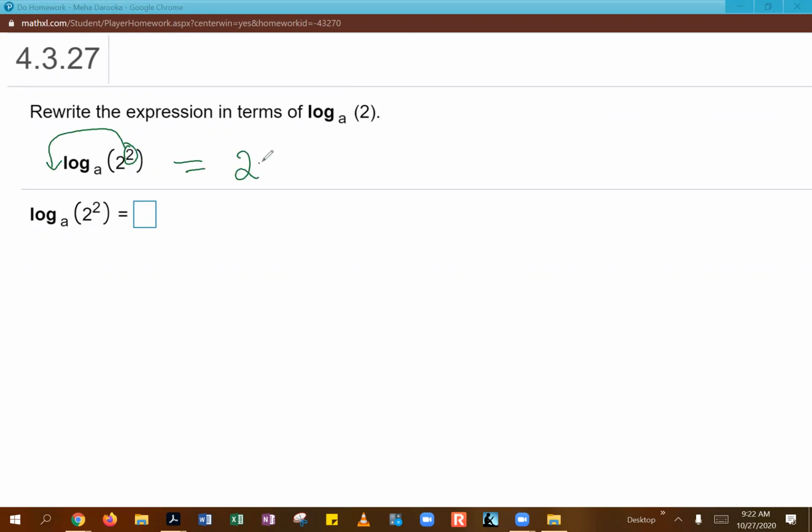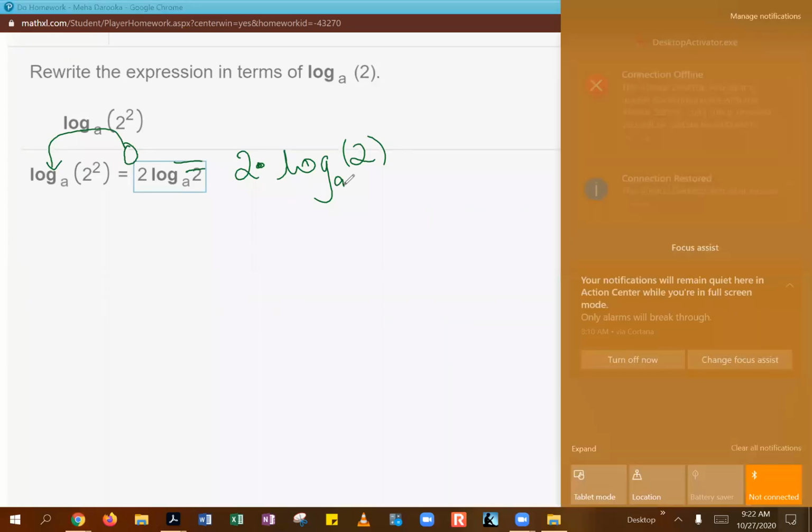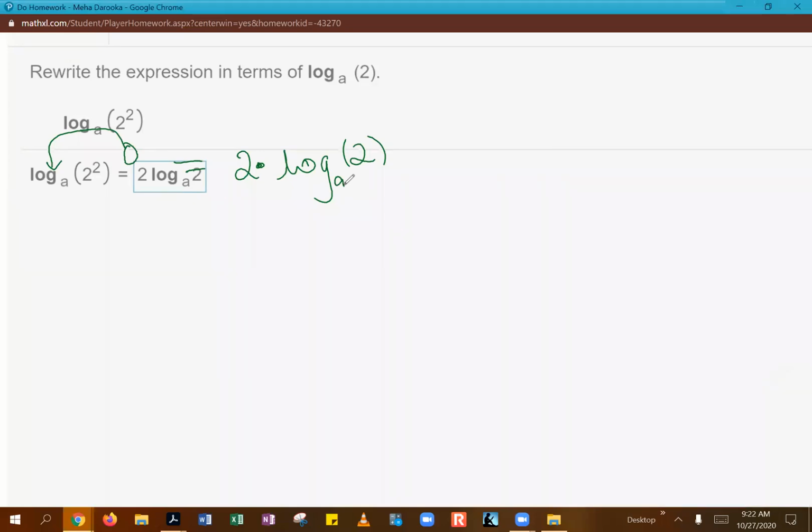So you will end up getting 2 times log of 2 with base a, and that's it. Just using your power rule, we can simplify this. So 2 times log base a of 2. There we go.